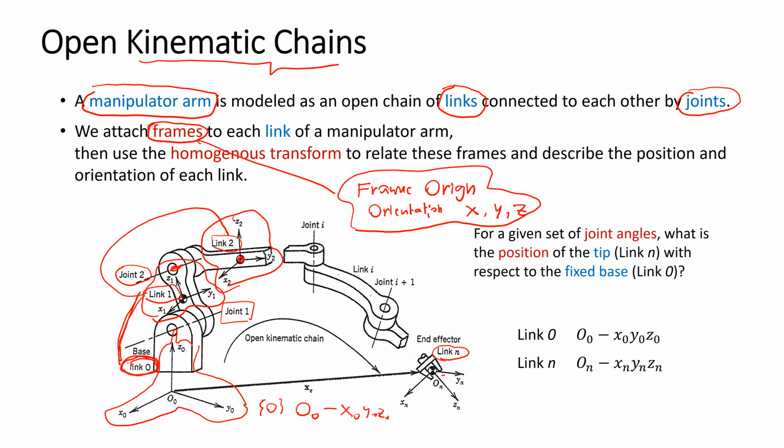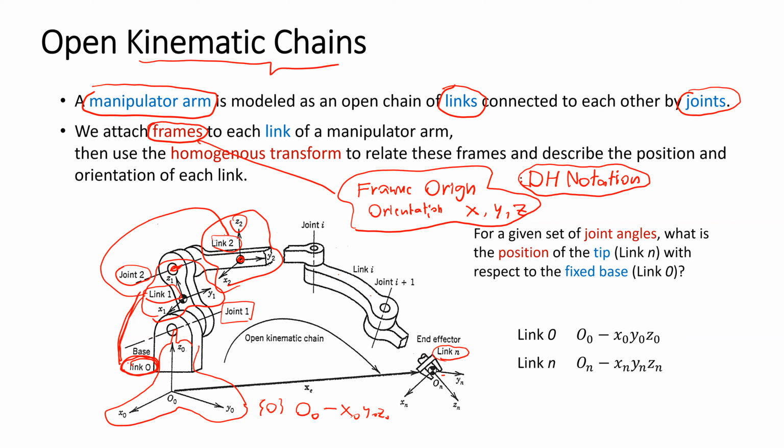We can select the Z direction in any arbitrary direction, but to follow the Denavit-Hartenberg notation, we have only a few possible ways to attach frames on the robot.